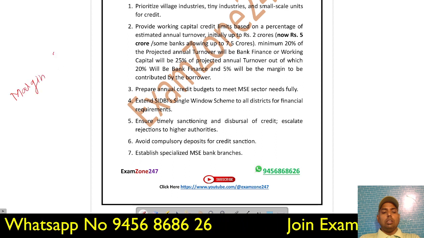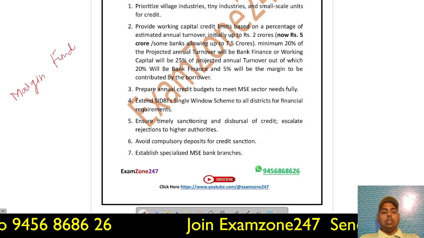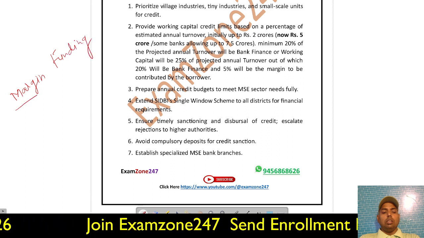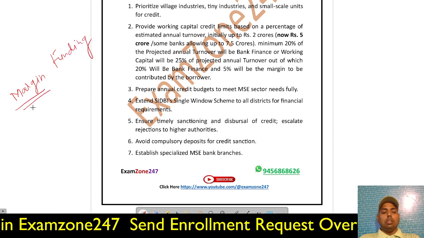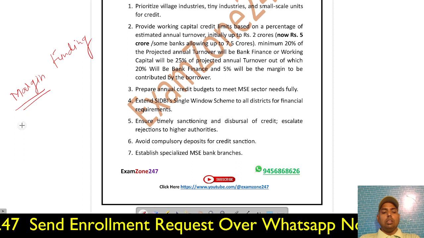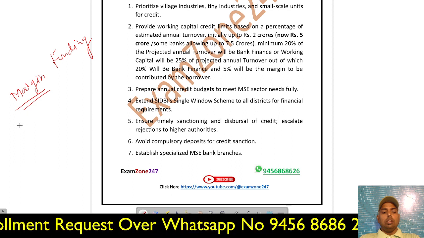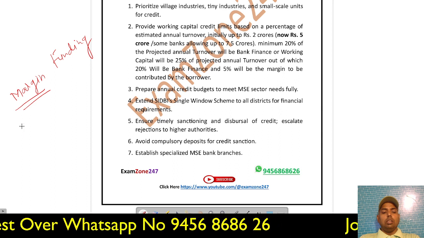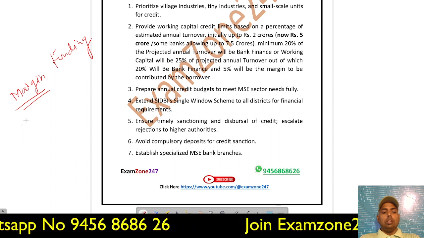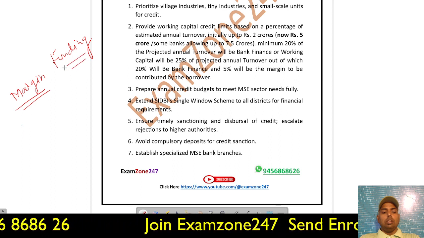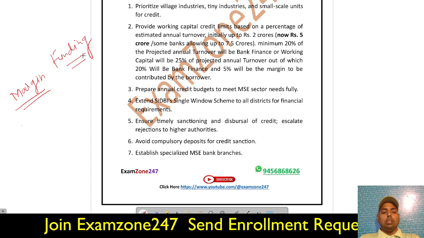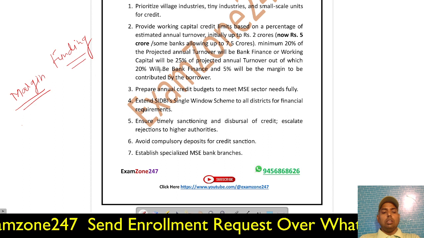The another term is known as funding. Margin is the contribution from the entity itself, like individual or proprietor or the company. Funding by sanctioned funding, okay, it is by the bank or financial institution.